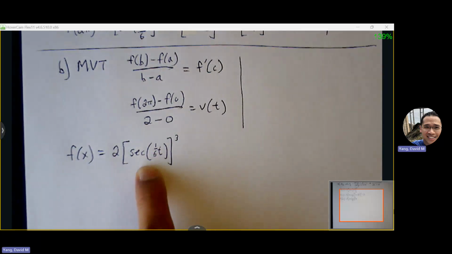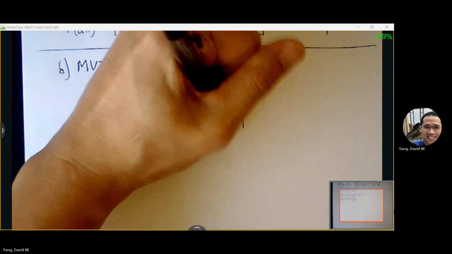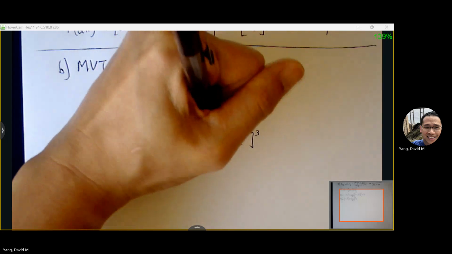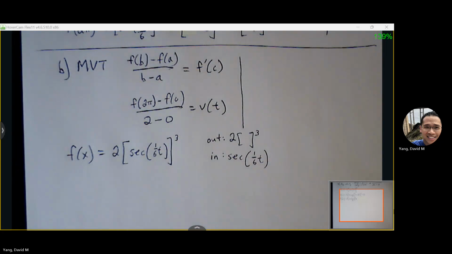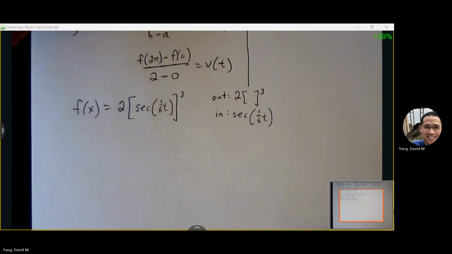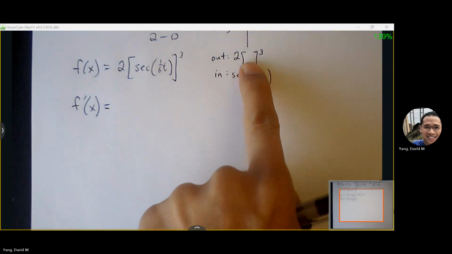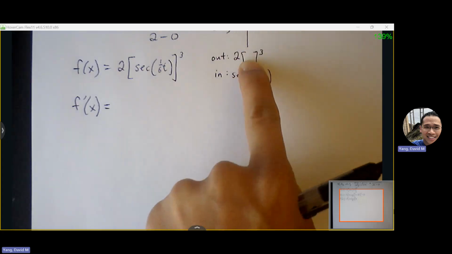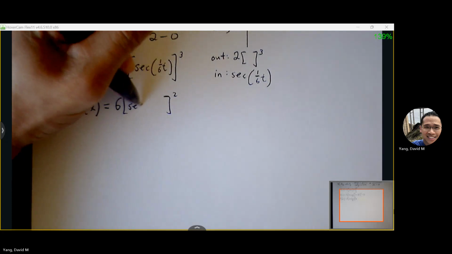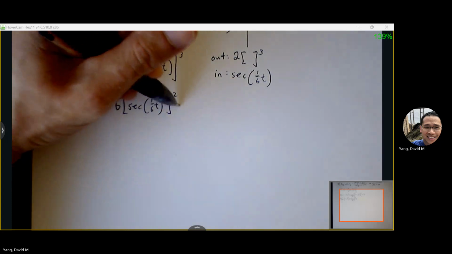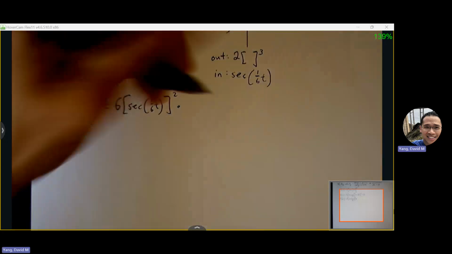There's an outside, inside portion we have to go through. So we take care of outside's derivative, 6 brackets squared, times inside's derivative, secant of u becomes secant u tangent u times u prime.